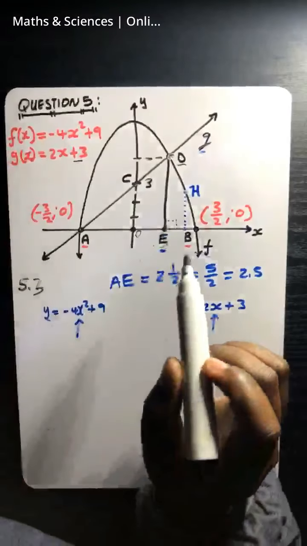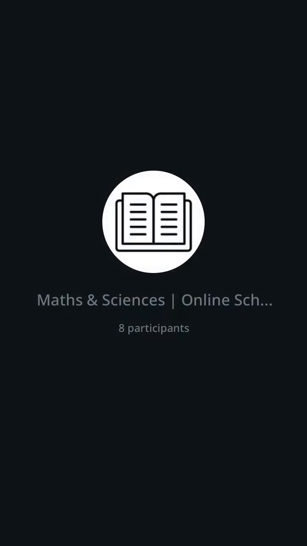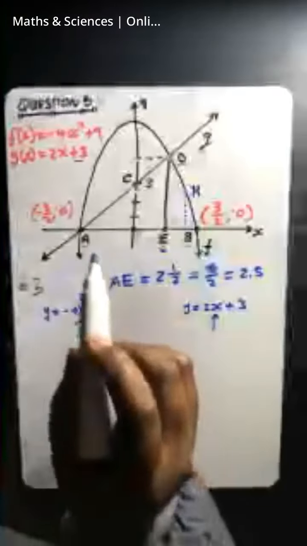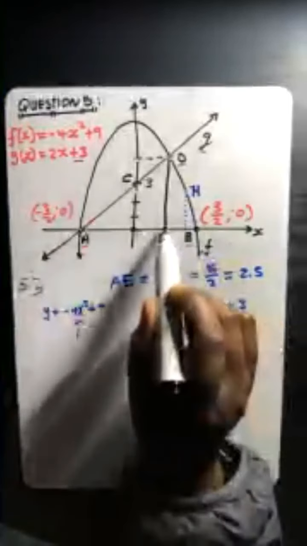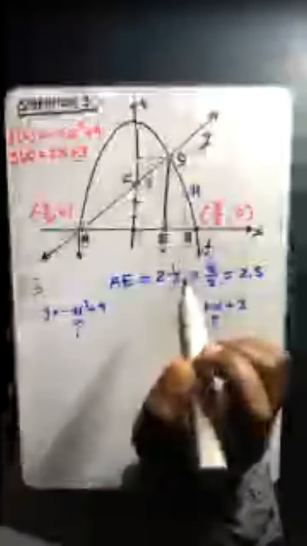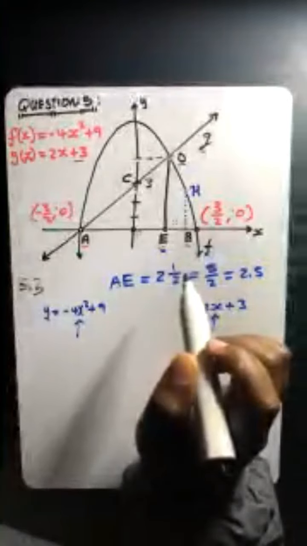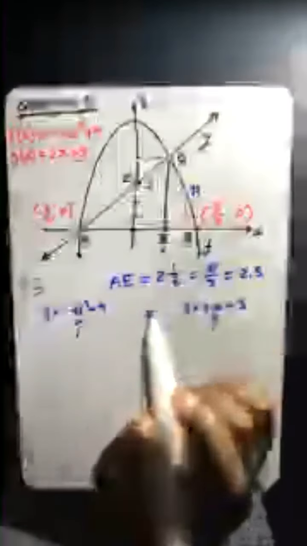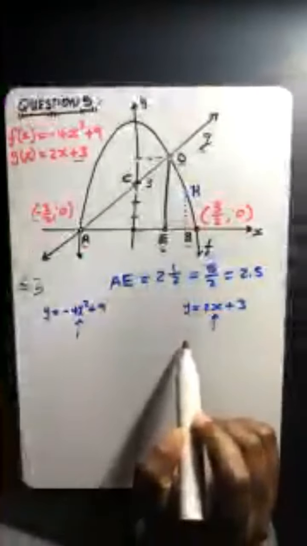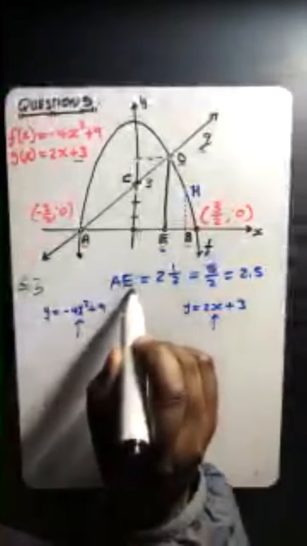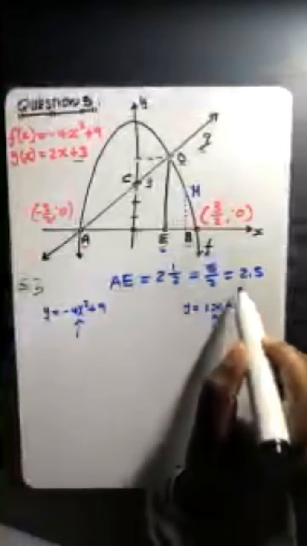Now I'm going to tell you. So they are saying AE. Where's A, Kgolagano? There's A, which is that point there. There is E. But now we want to know what is the x value at E. They also say AE is equals to that.